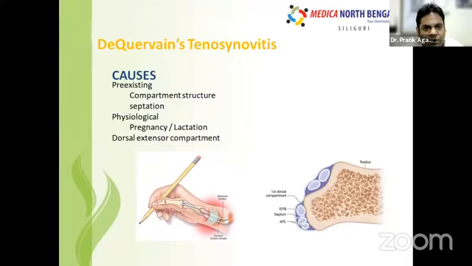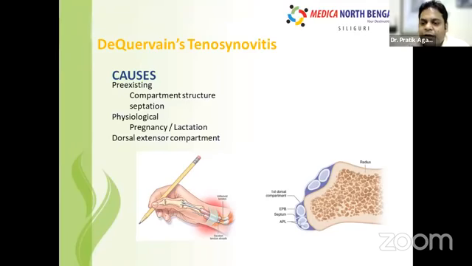I was already telling you about the causes. It may be pre-existing, since birth, where the compartment may have multiple septa, which reduces the space for the tendons to move, and it causes pain whenever you use your hand for repetitive movements, like painters, artists who draw a lot, mouse workers, desk workers, etc. It may be physiological, like in pregnancy or lactation, when the volume of the body increases, so extra fluid gets deposited in the compartment space, which limits the movement of the tendon and causes inflammation of the tendon sheath, causing pain.